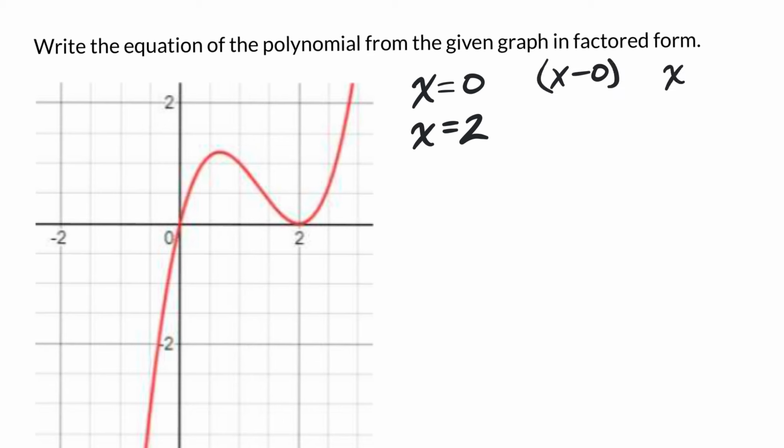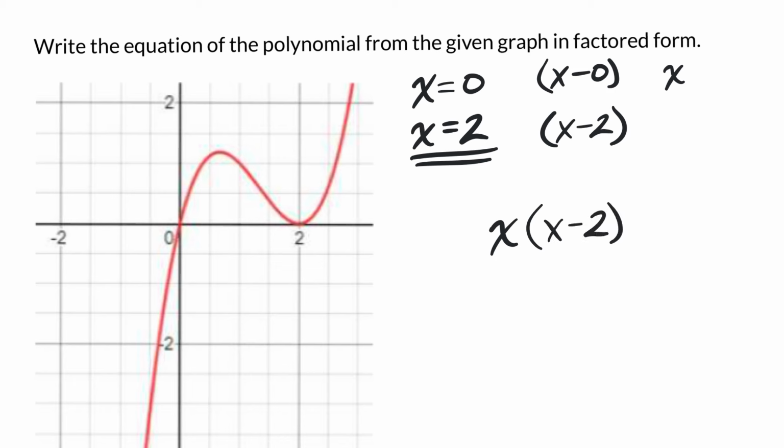X. So we just know that the factor is x. The factor that applies to x equal to 2 would be x minus 2. So here's what we get. This says to write the polynomial in factored form. So we end up with this.